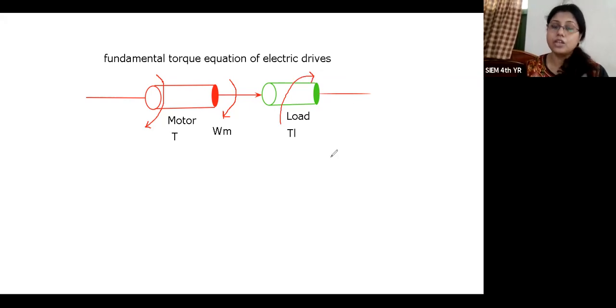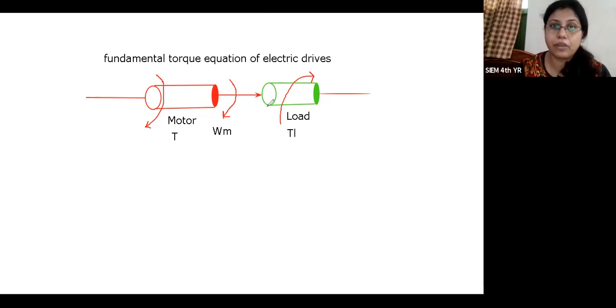The machine is rotating at omega m speed in anti-clockwise direction, and the torque generated by the motor is also operating in the same direction as the speed, but the direction of the load torque is directly opposite to the motor torque.